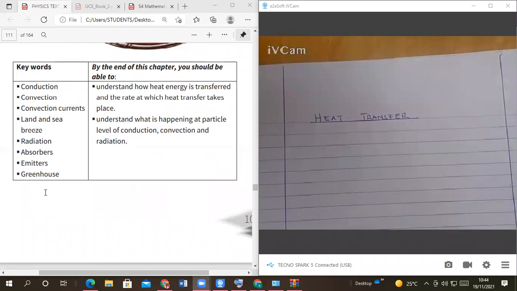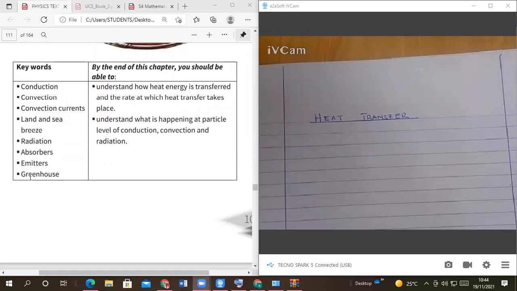If you put on a black sweater when it is very hot, you will not have the same condition on your body compared to someone wearing a light white sweater. So something that is black and something that is white or shiny have different properties when it comes to heat. Some are good absorbers, others are good emitters, others are bad absorbers, others are bad emitters. So we shall see all that.